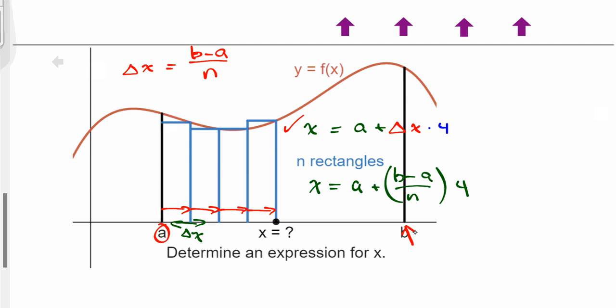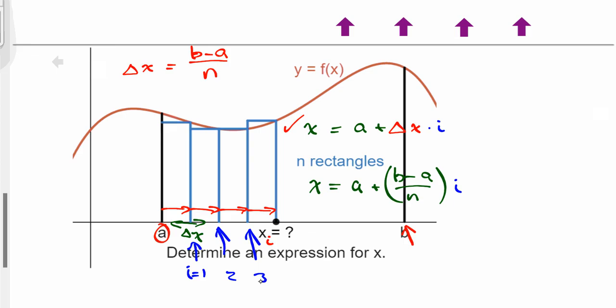Suppose we didn't know that this was the 4th rectangle. What if we said it's the ith rectangle? Then we would change this 4 to an i. And what we're going to do is we're going to say here i is 1, and here i is 2, here i is 3.